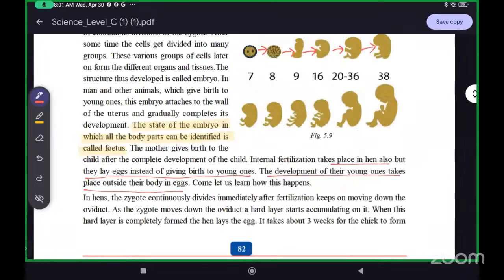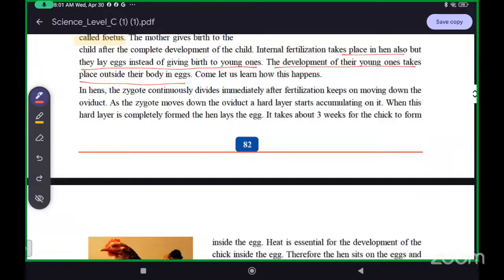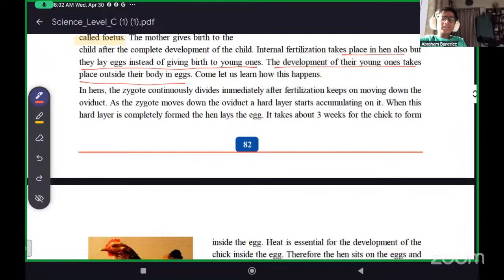Now, talking about hens. In the hen, the zygote continuously divides immediately after fertilization and keeps on moving down the oviduct. For a hen, it needs a male also, right? Yes.